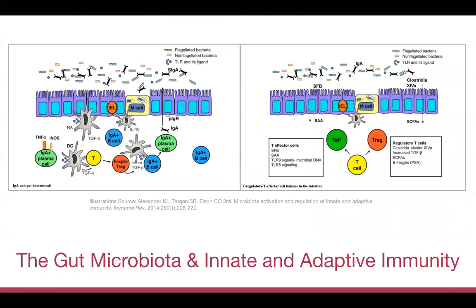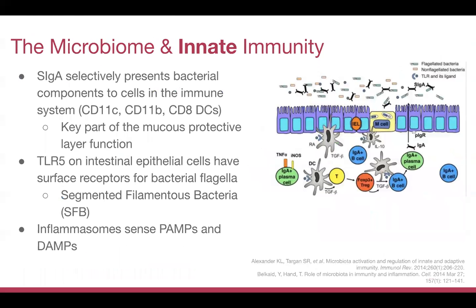So let's look again at innate and adaptive immune functions as they relate specifically to our gut microbiome. Secretory IgA communicates the luminal contents to the lamina propria by sampling commensals and presenting them to the tolerogenic dendritic cells.